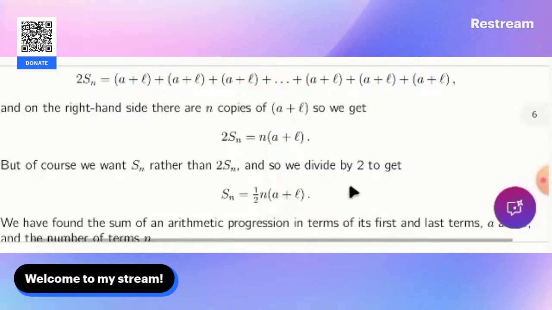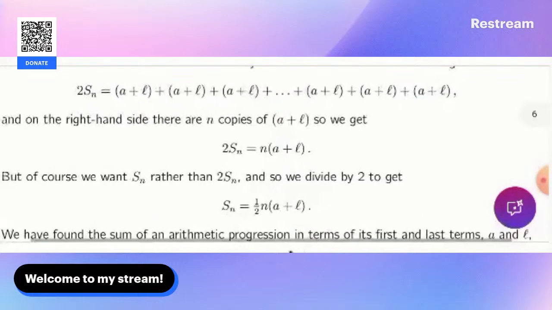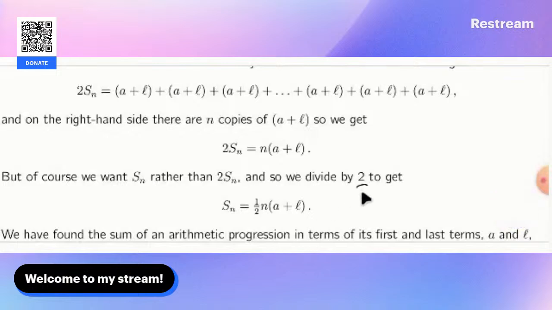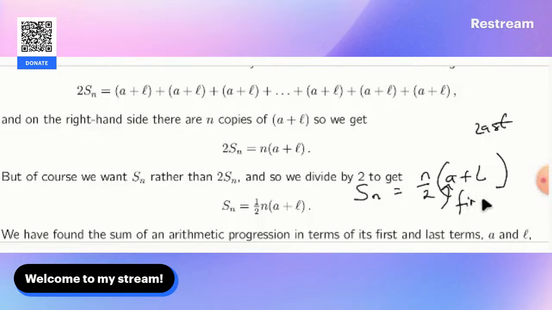Now you can see it written as Sn, which is equal to n all over 2 into a plus l. Now l here is the last term, right? The last term, while a here is the what? Is the first term.